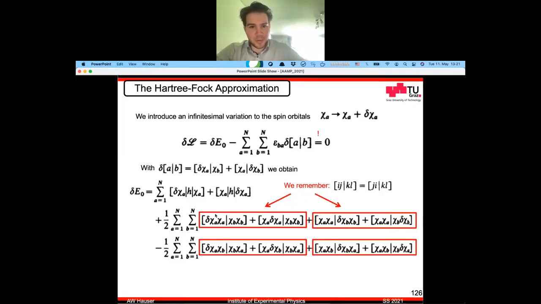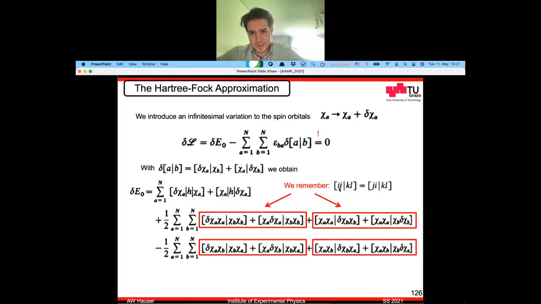So remember, this would be chi A meeting chi A and chi B meeting chi B. So it's not like in Dirac notation, where this would be with this and this would be with this. It's these two together and these two together in this chemist notation. So this is probably a bit more convenient to immediately identify what's similar and what's different.